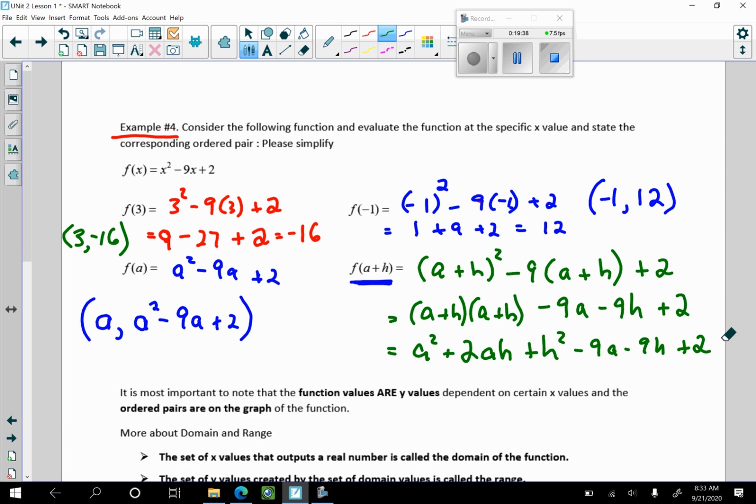That thing does not simplify. We are only going to write the ordered pair this way. The ordered pair that is associated here is simply going to be a plus h, comma, f of a plus h, in parentheses.